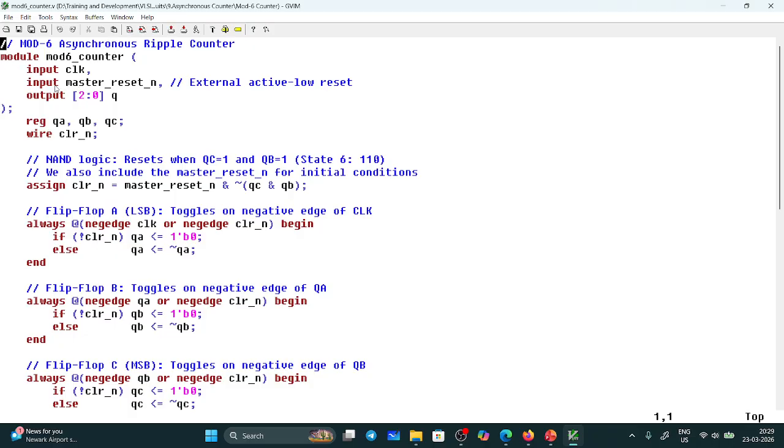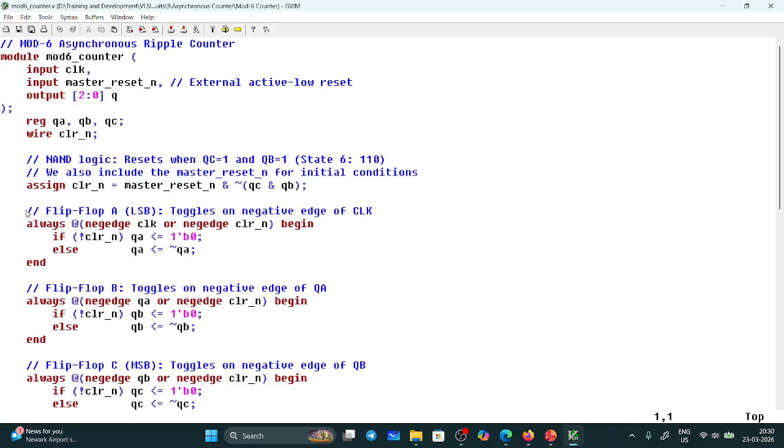I need to declare master_reset_n, that is the external active low reset. Okay, so output is 2 down to 0. Reg QA, QB, QC, wire clear_n. So I need to develop that: assign clear_n equal to master_reset_n and operation with NAND of QC and QB.